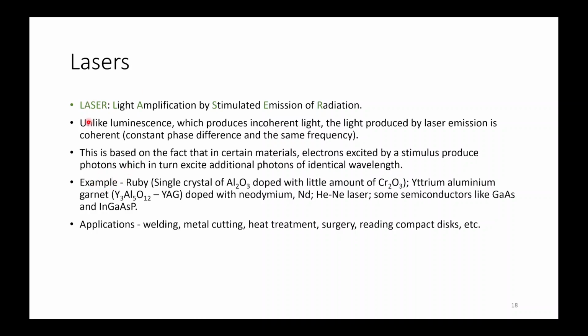Examples of materials which show this phenomenon are ruby, which is a single crystal of alumina doped with a little chromium oxide, which gives it its color; yttrium aluminium garnet, Y3Al5O12, doped with neodymium (Nd); the helium neon laser; and some semiconductors like gallium arsenide and indium gallium arsenide phosphide.